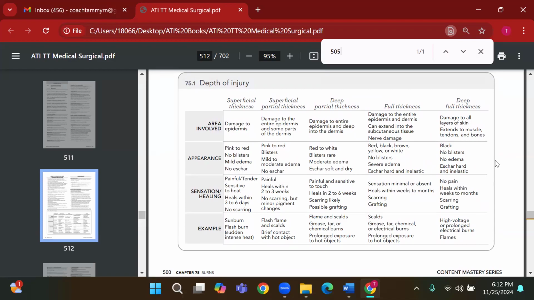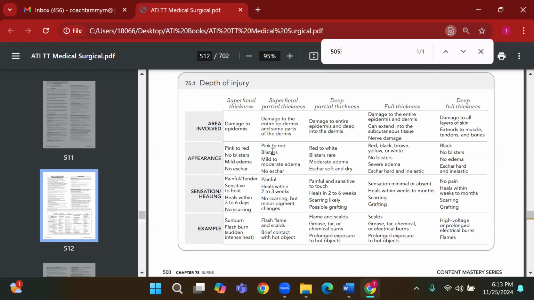So usually when you see a test question on a burn, it's going to give you a scenario that says the dermis is damaged, down into the dermis. And so you have to think, is this superficial? Is this deep? Is this full thickness? What are we looking at? So this little chart is probably going to be pretty handy to you.